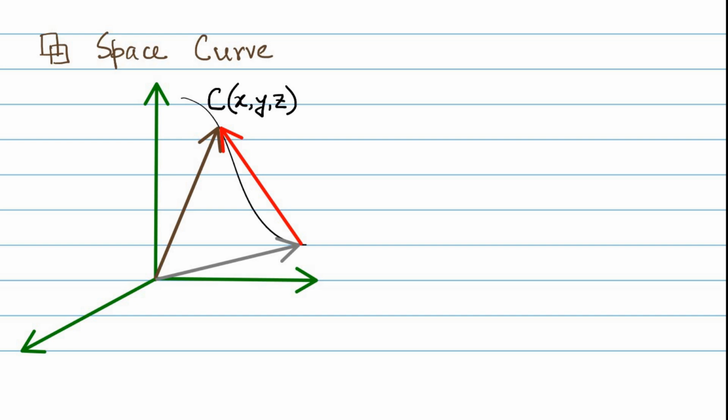Assuming that we have a Cartesian coordinate system like this, where this is the x-axis, this is the y-axis, and this is the z-axis, a curve in this space, which is denoted here by C, will have a parametrization of a variable, let's call it u, and we'll be calling this a space curve. So C of u is what we call a space curve, because it's a curve in the three-dimensional space. So call it a space curve, as simple as that.